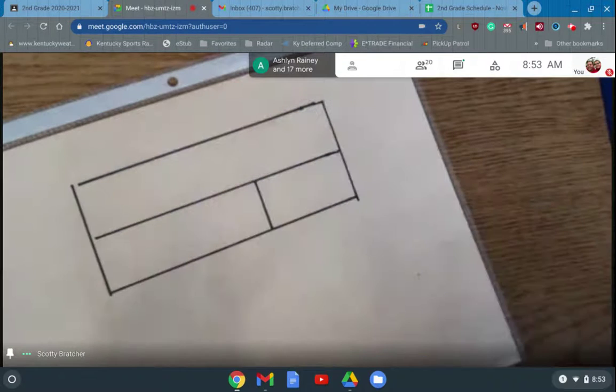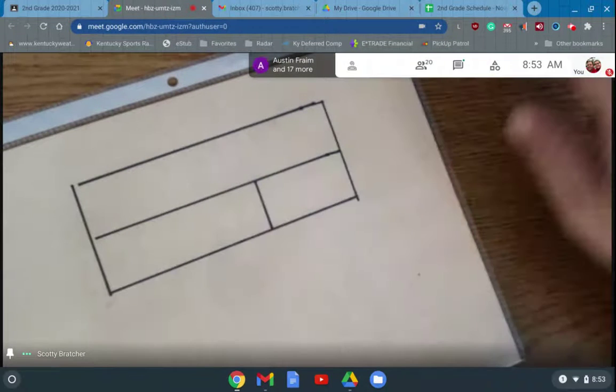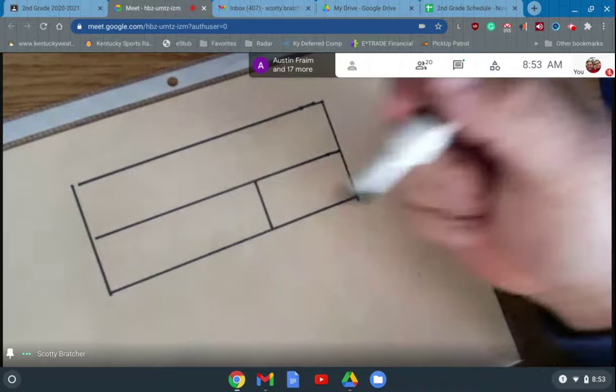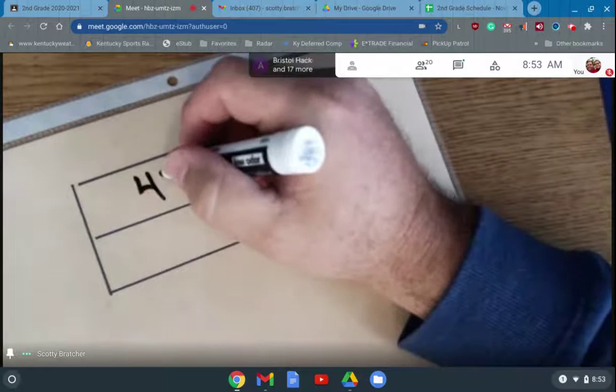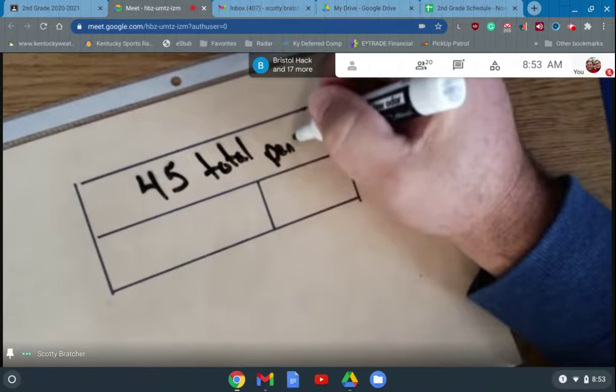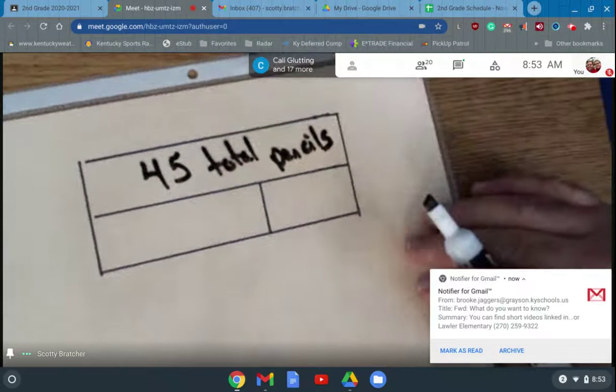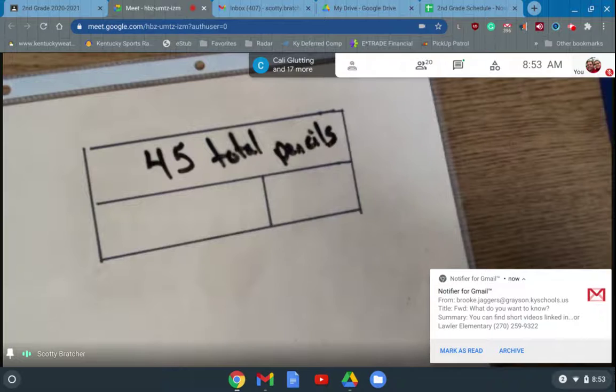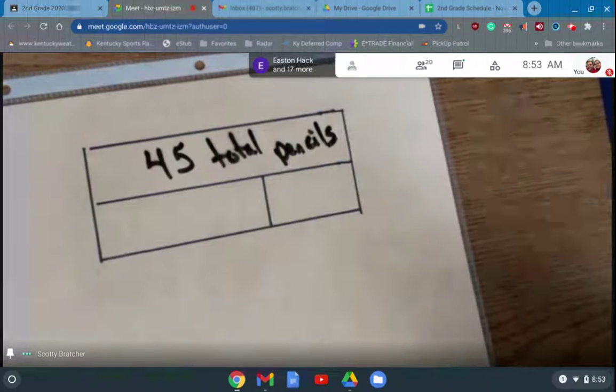Okay? She's getting ready to mark on it with the wrong marker. That would be bad. All right. She has a total of 45 pencils. And this one was worded a little bit different, so it's okay if you're a little bit confused on this one.